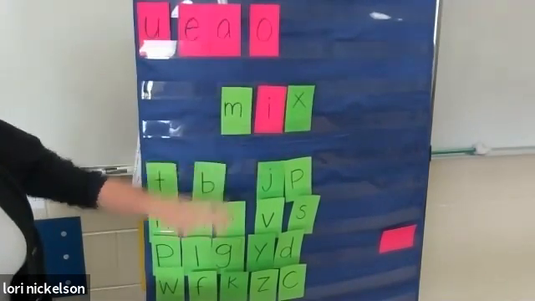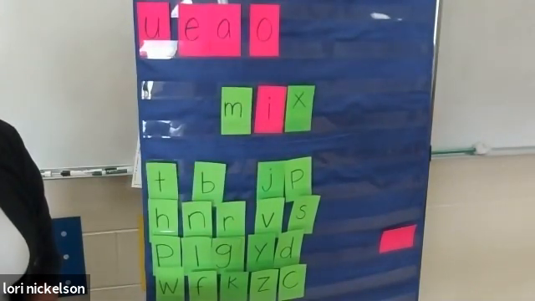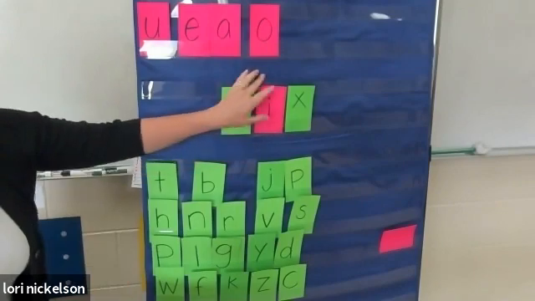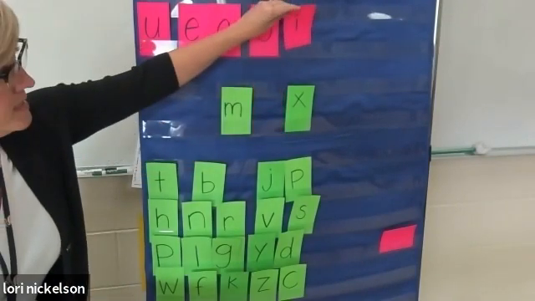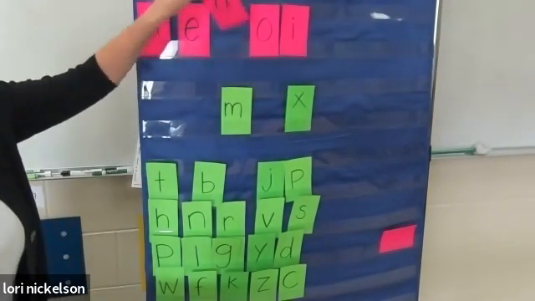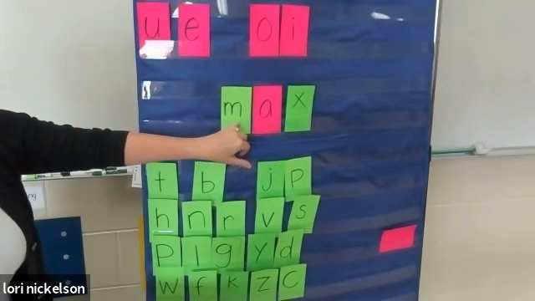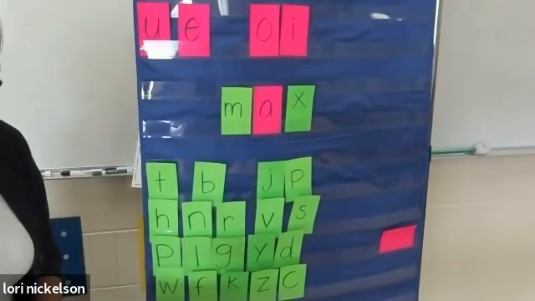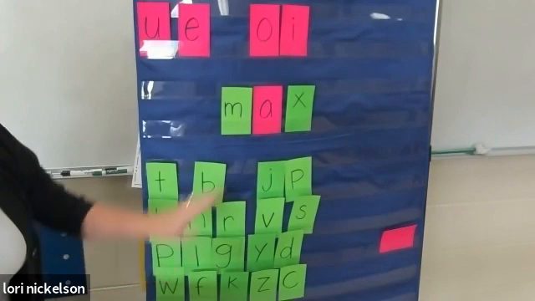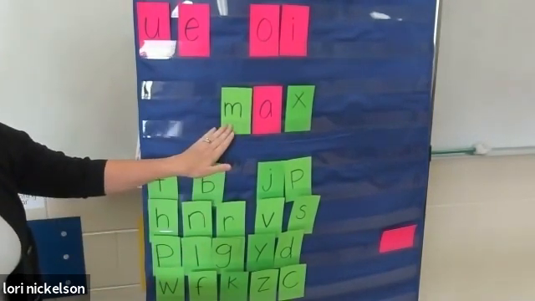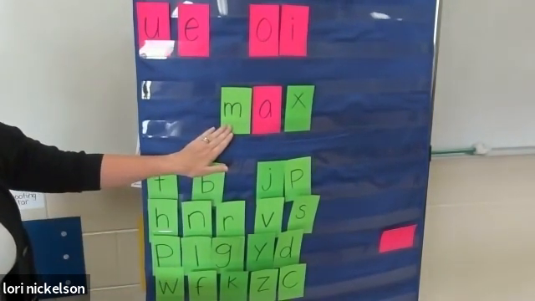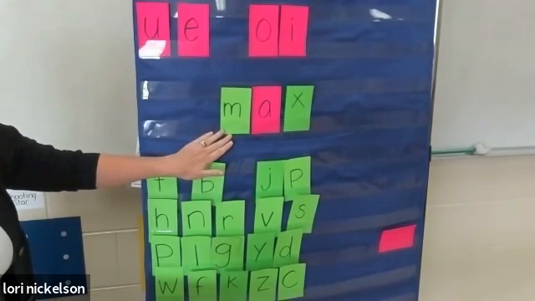From mix, let's make the word max. Max. What letter do I need to replace? The I. And I'm going to replace it with the A, the A sound, max. Good job. So if I can make max, I can make tax also by replacing which letter?